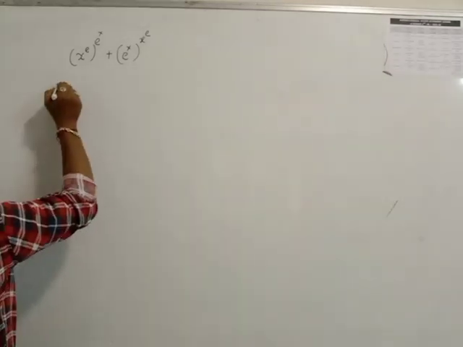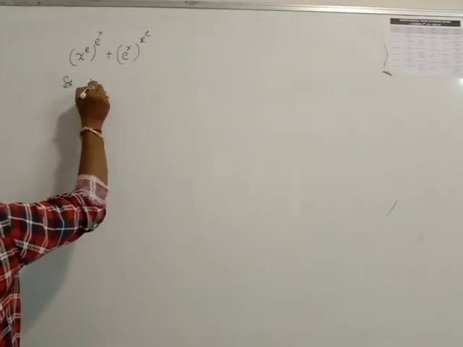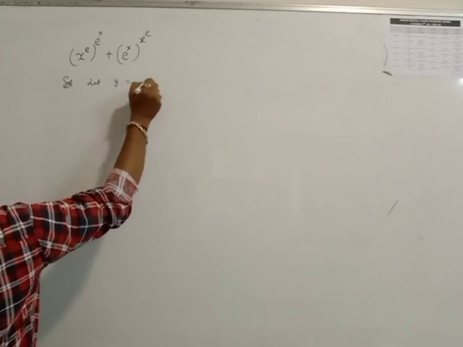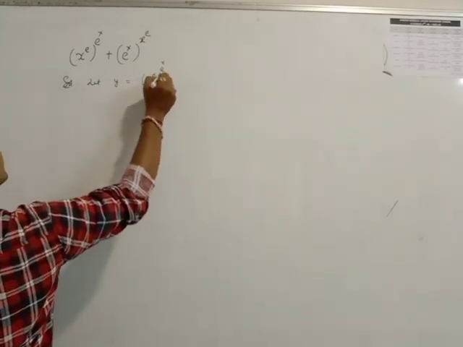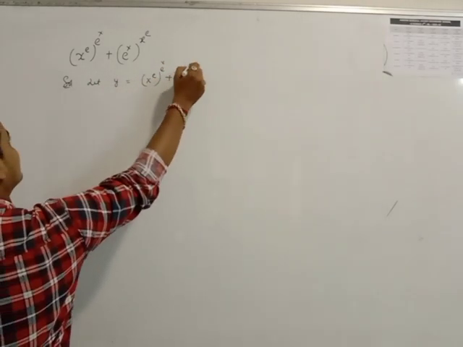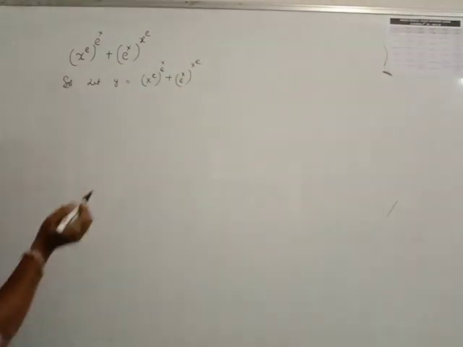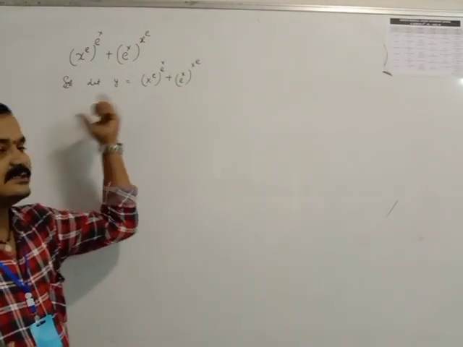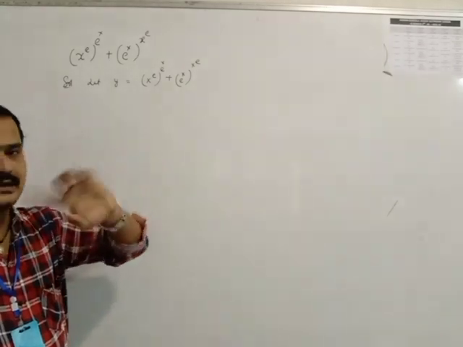Okay, solution. First of all, let y is equal to x to the power of e, whole to the power of e power of x, plus e power of x, whole to the power of x power of e. You cannot apply the log directly.